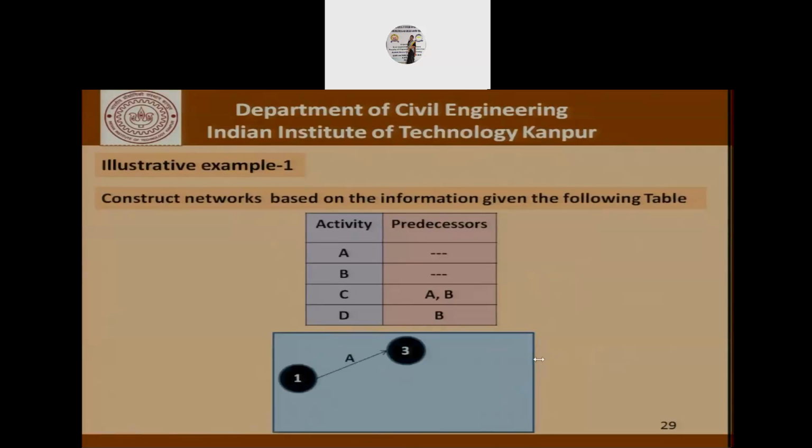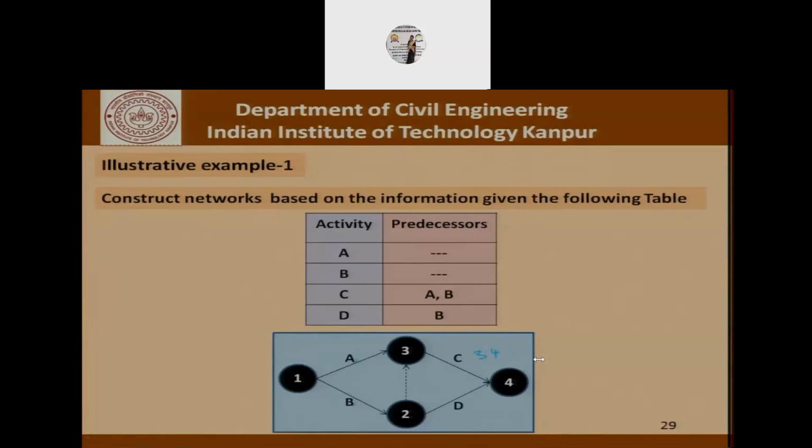We start the project with A, which is 1, 3, B, which is 1, 2. They can be both started immediately, and node 1 represents the start of both A and B. Node 3 represents the end of A, whereas node 2 represents the end of B. So C is the activity 3, 4, and it can start only after A and B have both been completed.